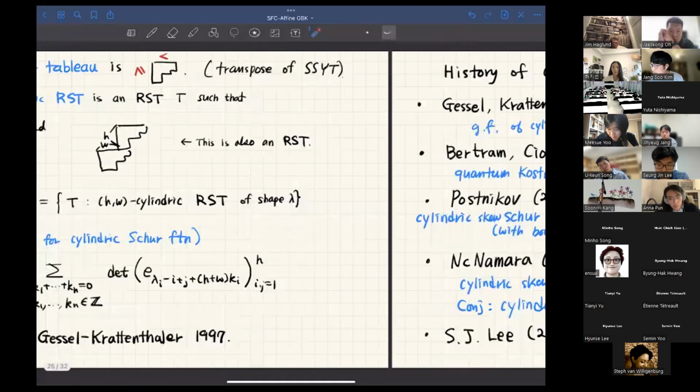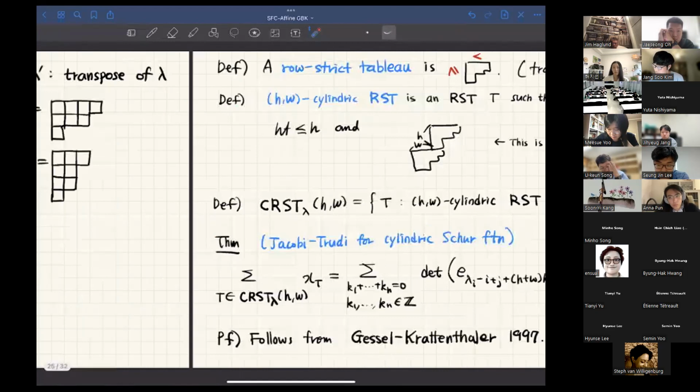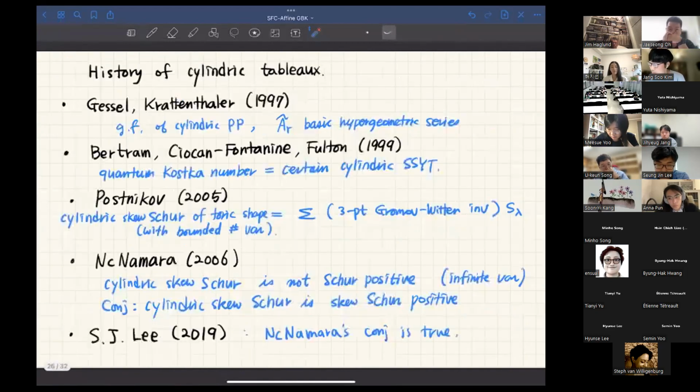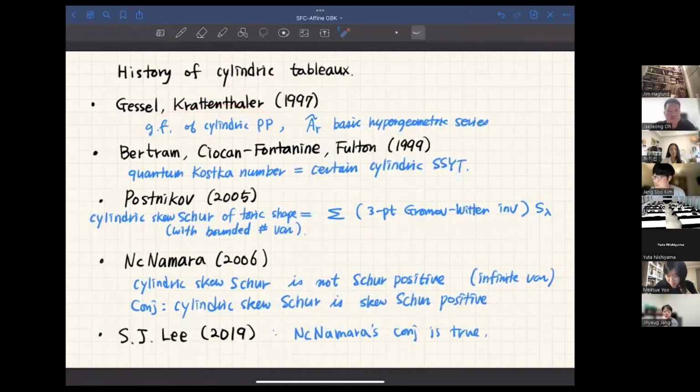And before stating our result on this affine version, let me first briefly tell you about the history of the cylindric tableau. So cylindric tableau or equivalently cylindric plane partitions have been first studied by Gessel and Krattenthaler, and they found the formula for the generating function for the cylindric plane partitions, and they found some connection with affine A tilde basic hypergeometric series.